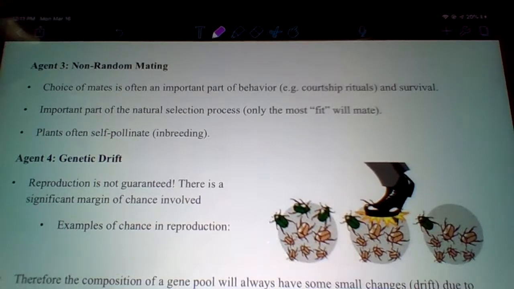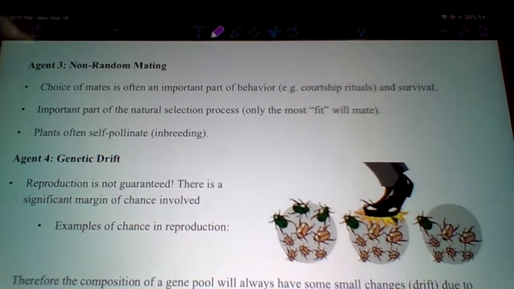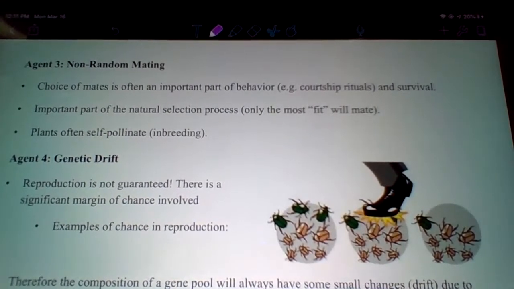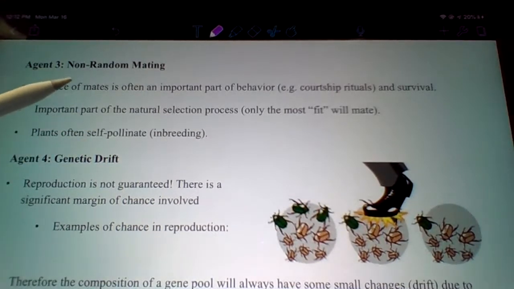In the case of the golden retrievers, they were brought over by humans who controlled which mating pairs they could have. Humans control breeding in artificial selection, and that is really a factor of non-random mating.